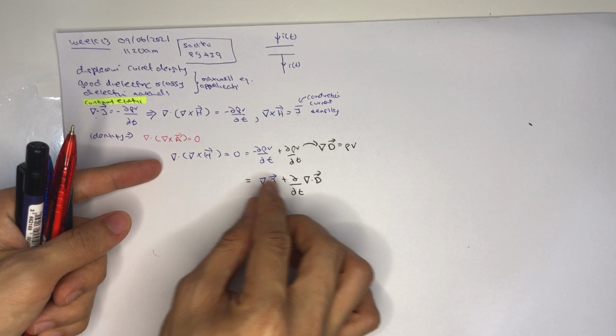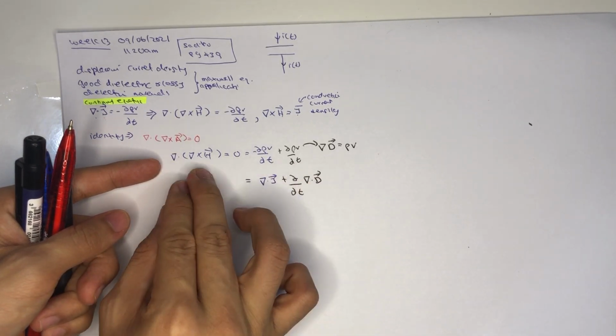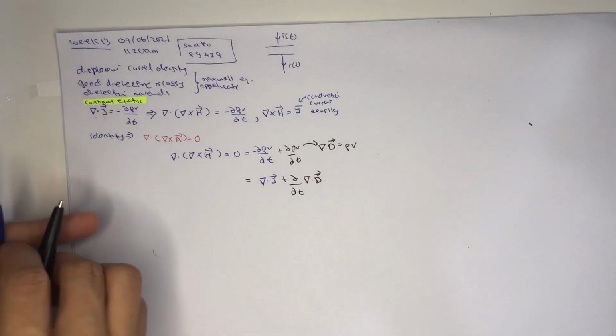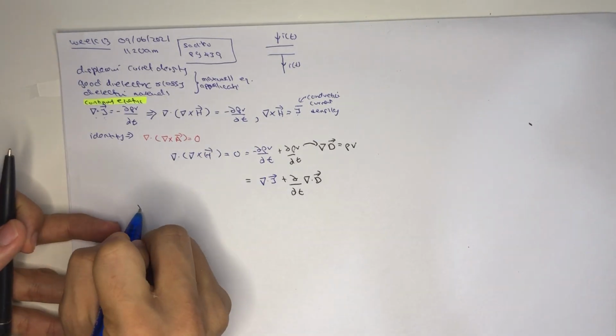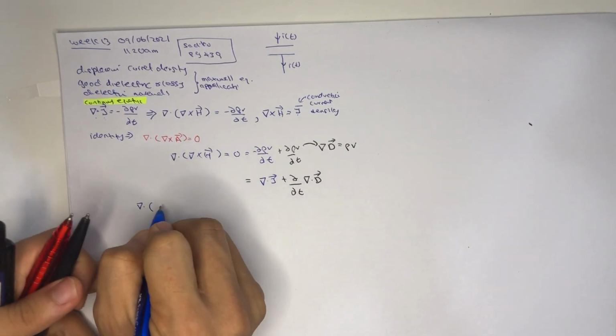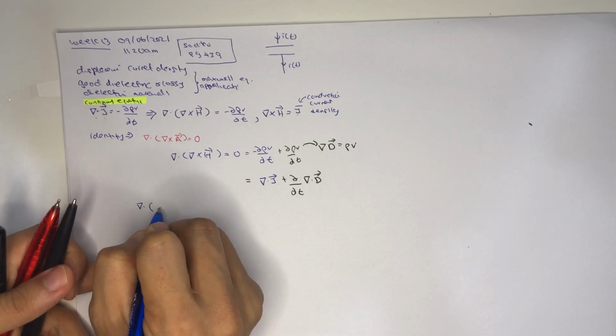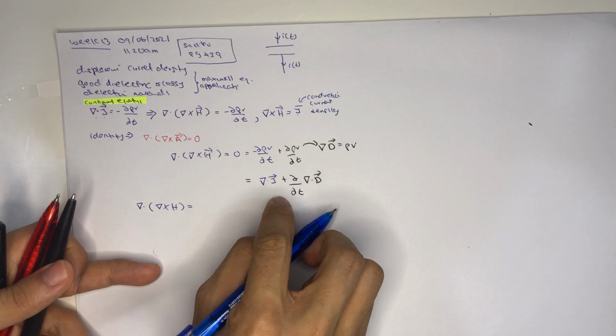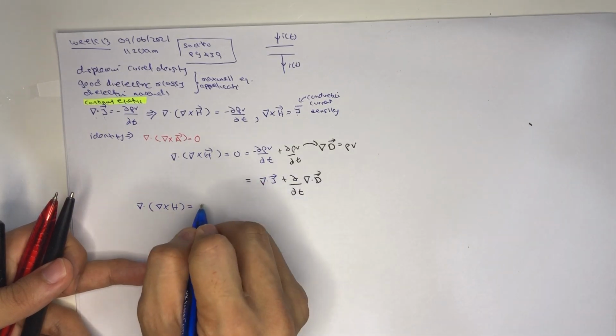If we want to take the common component out, we take the divergence out.